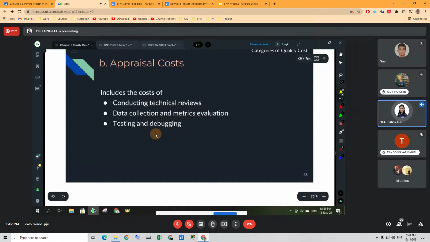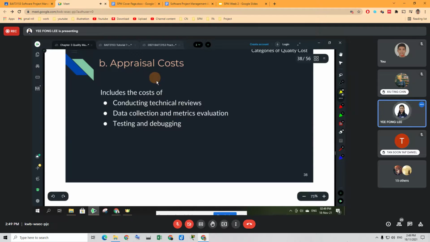Other than this, it also includes costs spent on incoming materials inspection and costs spent on process control. So appraisal costs are always associated with measuring and monitoring all the activities related to quality.